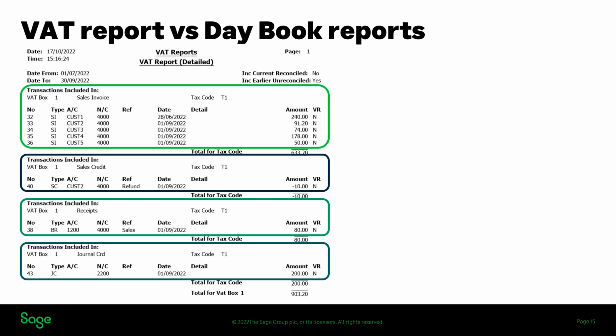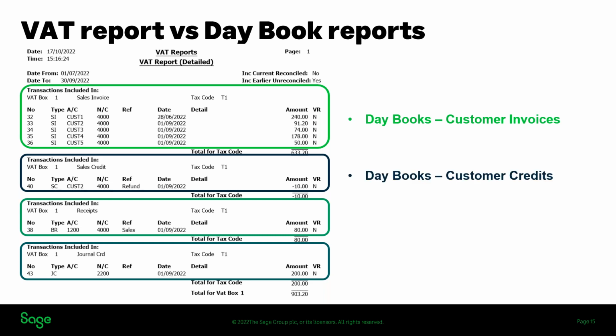So because I'm driving from the VAT report detailed, this means the daybook reports I need to reconcile with the detailed VAT report are Daybooks Customer Invoices, Daybooks Customer Credits, Daybooks Bank Receipts, but not cash receipts and not credit card receipts, because I've only got BR transaction types on this report.